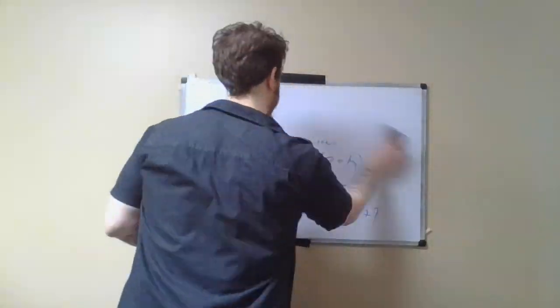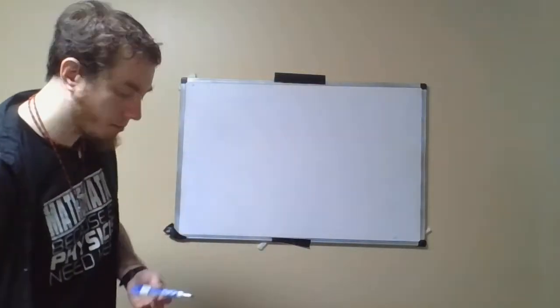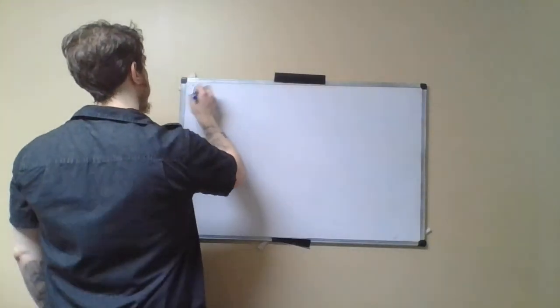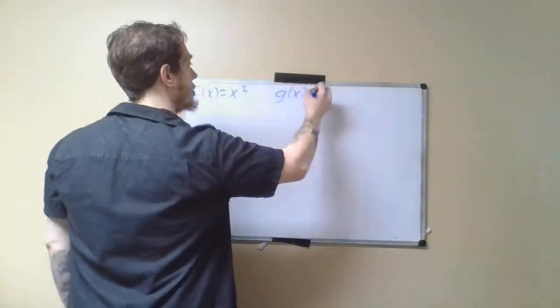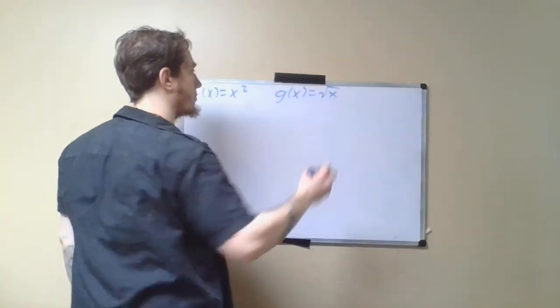Now, I want to show you why the domain stuff matters so much. Let's suppose that I have f of x is equal to x squared again, but this time g of x is going to be the square root of x.